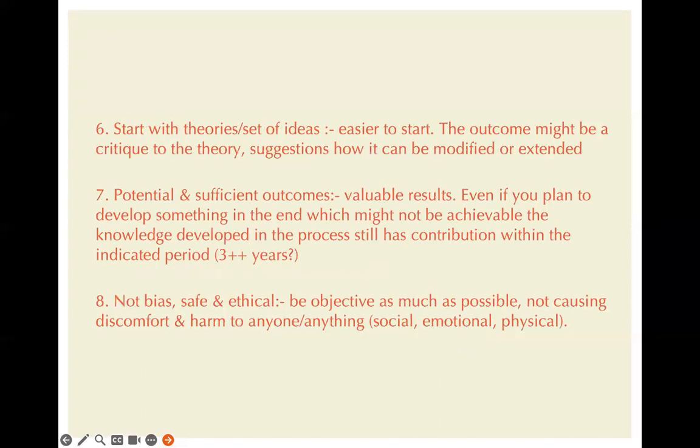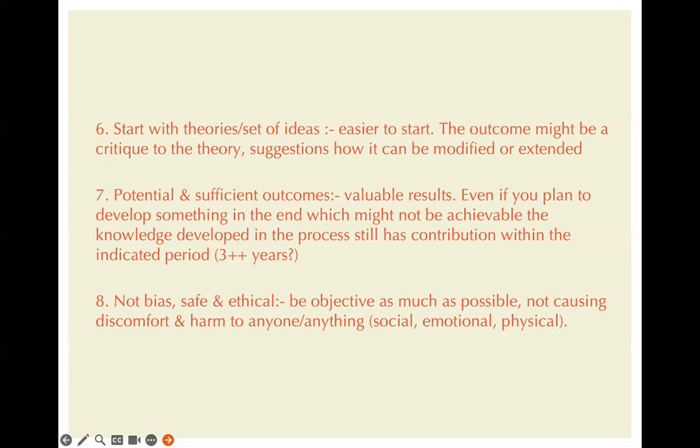So you can also start with theories or a set of ideas. Easier, begin with those that are easy to begin with. The outcome might be a critique of the theory, suggestions how it can be modified or even extended. You can also look at potential and sufficient outcomes like valuable research results. Even if you plan to develop something in the end, which might not be achievable, the knowledge developed in the process still has contribution.